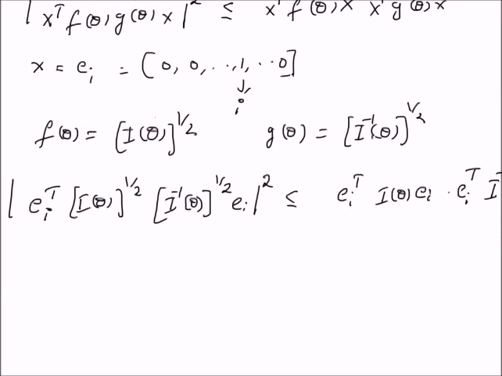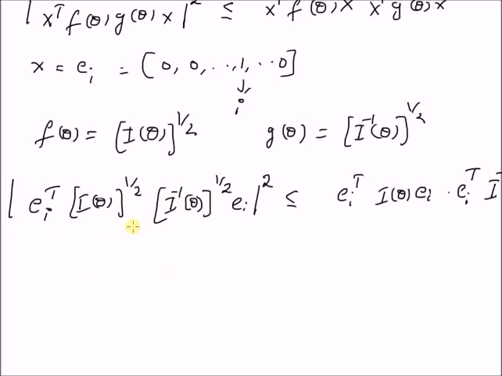Now by using the definition of ei as a zero vector except in the ith place, we can clearly see that the left hand side simplifies. Since this is I of theta power 1 by 2 into I inverse of theta power 1 by 2, this is clearly the square root of the identity.